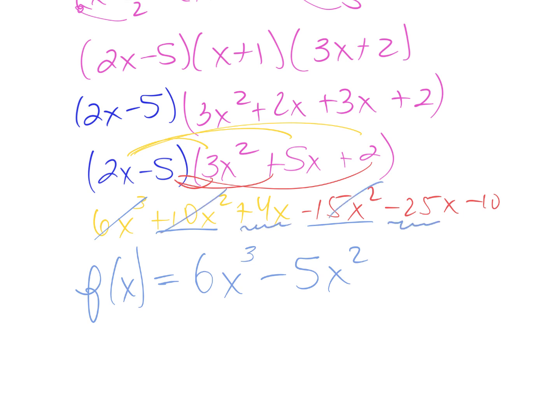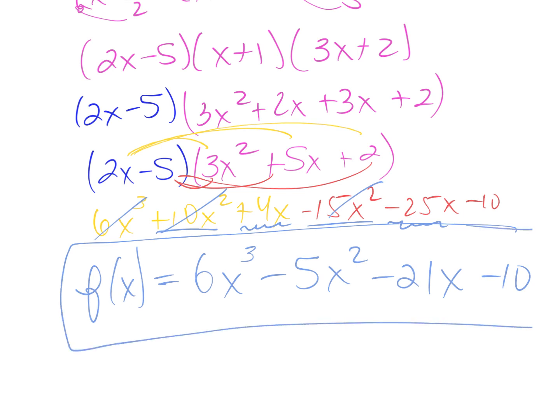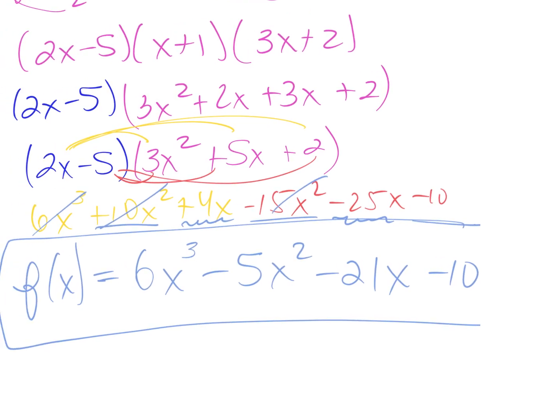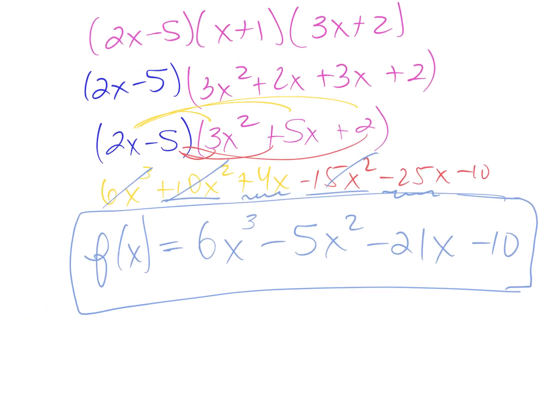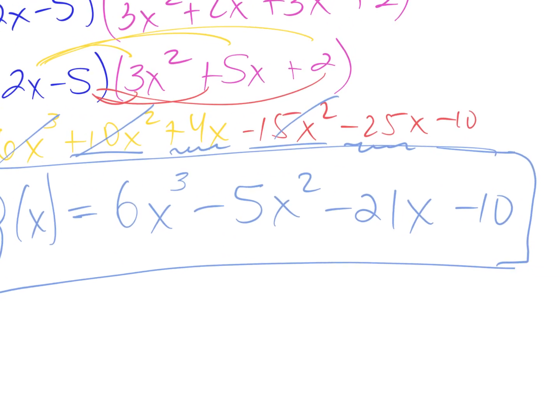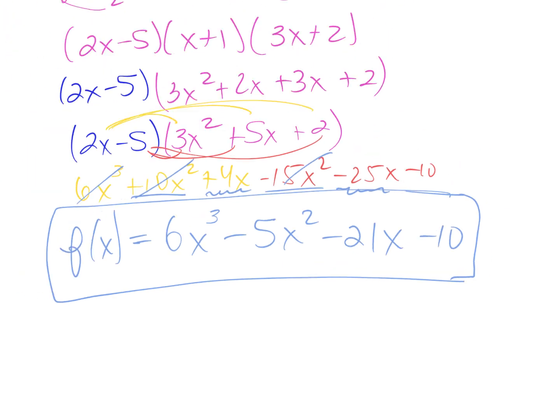Positive 4x, negative 25x, minus 21x, and then minus 10. And that, folks, is your polynomial. If you were given this polynomial and you were asked to factor it, these are the answers that you would get.